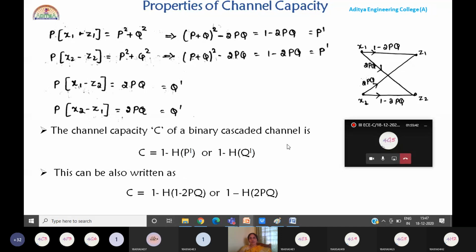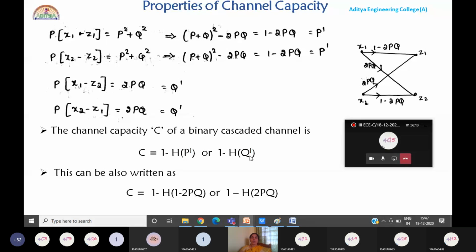Now with this, you can say what the channel capacity of a binary cascaded channel is. For a binary cascaded channel, C is equal to 1 minus h of p dash or 1 minus h of q dash. Because for a binary symmetric channel, what is the capacity? 1 minus h of p or 1 minus h of q.